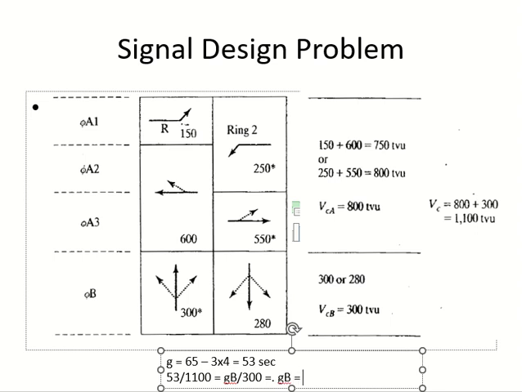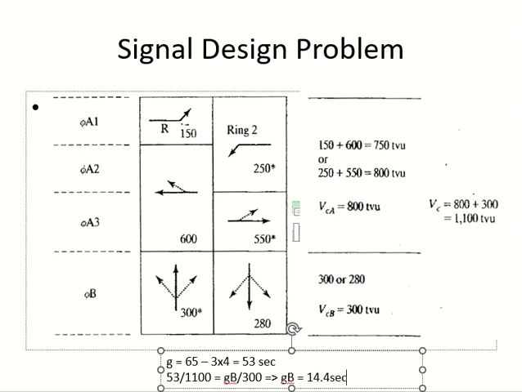So this is how much now? Just 53 upon 1100 multiplied by 300. 14.4.